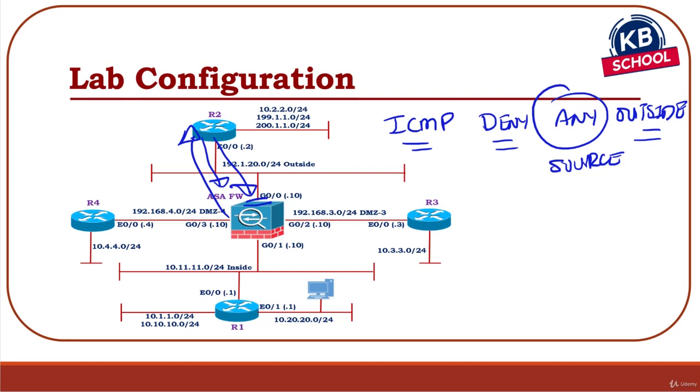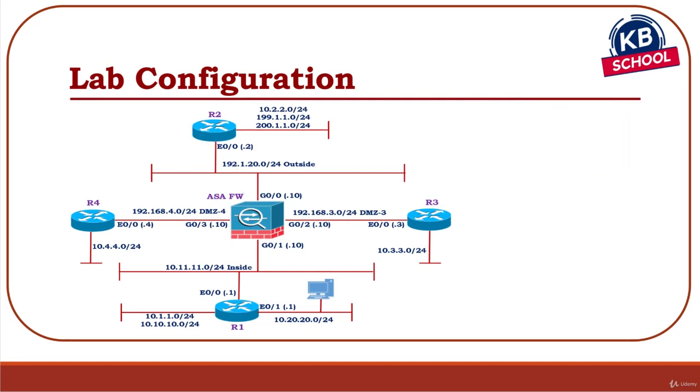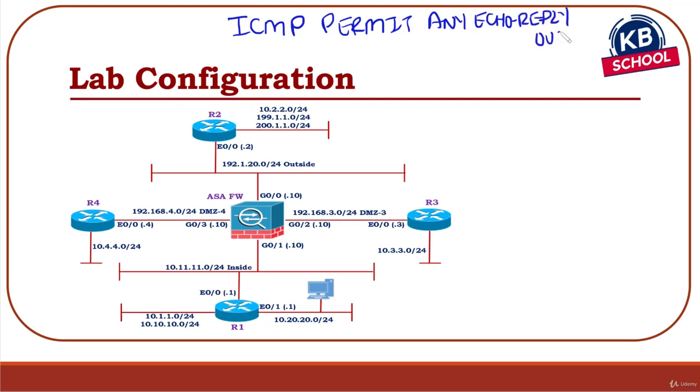Now the other thing is you say, oh, okay, let me do this then. I'm going to allow echo reply and block the rest. So if I say ICMP permit any, I can specify the packet type echo reply outside. What am I doing? I'm basically saying I want to allow any source to send an echo reply to the outside.